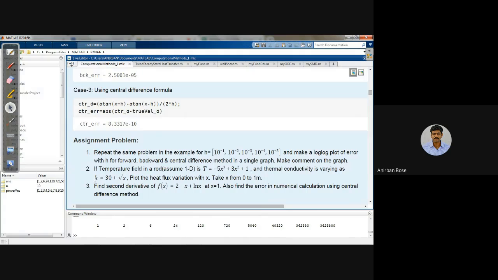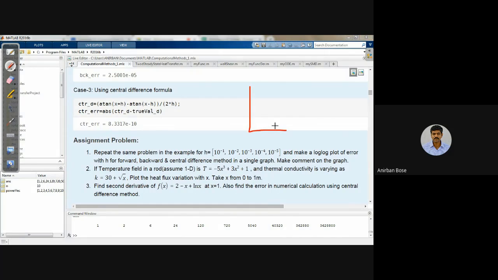So what you have to plot is the heat flux variation, that is, how heat flux changes with x from 0 to 1 meter. So that variation we want to see. What is heat flux? You know that heat flux, from Fourier's law, is equal to minus k into del T del x.